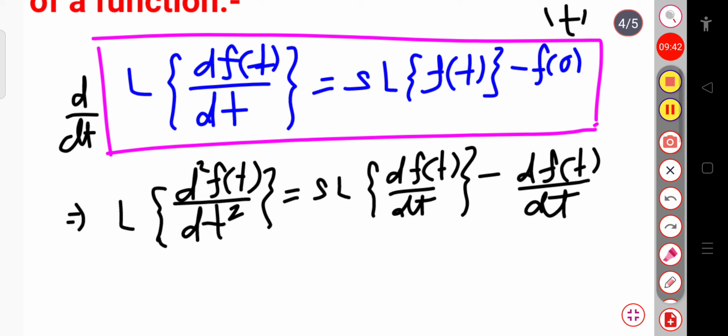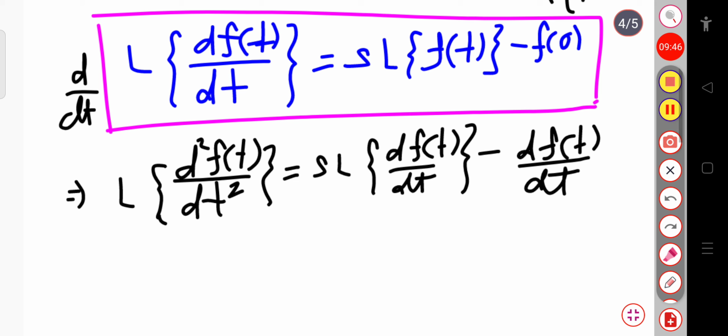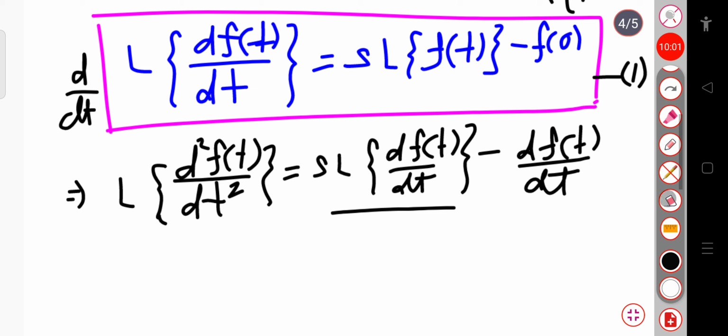Now what we will do, we will just substitute the Laplace transform of the first order derivative in this first part, from the above equation. Suppose this is my equation number 1, and I will draw here this part, that is, this d by dt we have already taken.